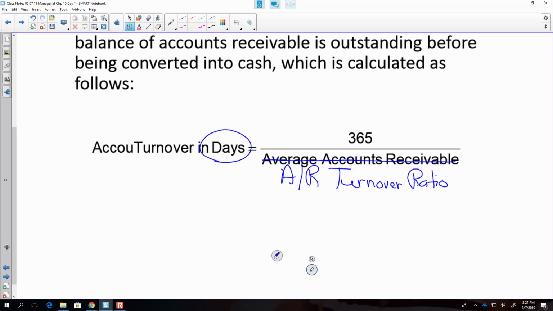That converts it into days. This is step 2. That's what we're looking for. So how does that look compared to 30 days? Is it more than 30 days, if that's our terms, or is it less than 30? How quickly do we have our customers pay us?